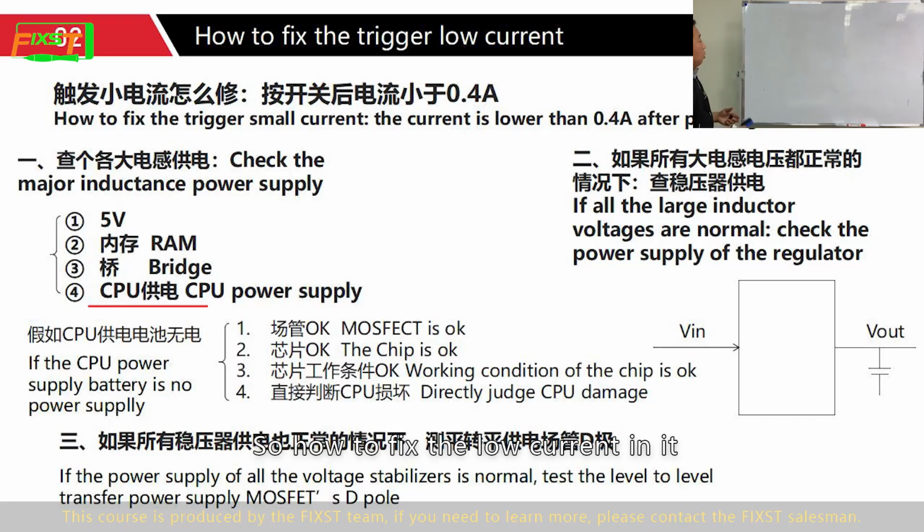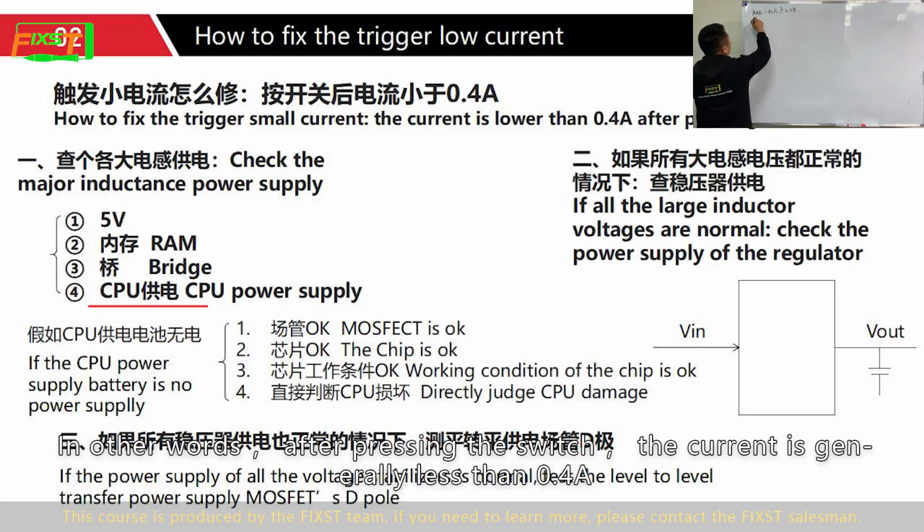So how do we fix the low current? In other words, after pressing the switch, the current is generally less than 0.4 ampere.